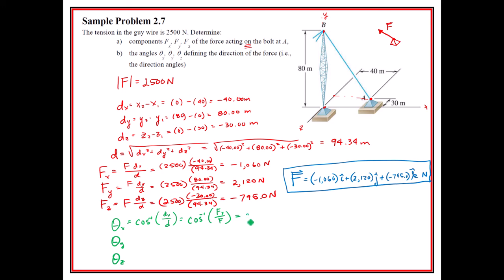So I decided to go with the latter, and I went negative 1060 divided by 2500, and I end up with 115.1. And again, it's negative, so you would expect something greater than 90 degrees. Then I have the inverse cosine of 2120 over 2500.